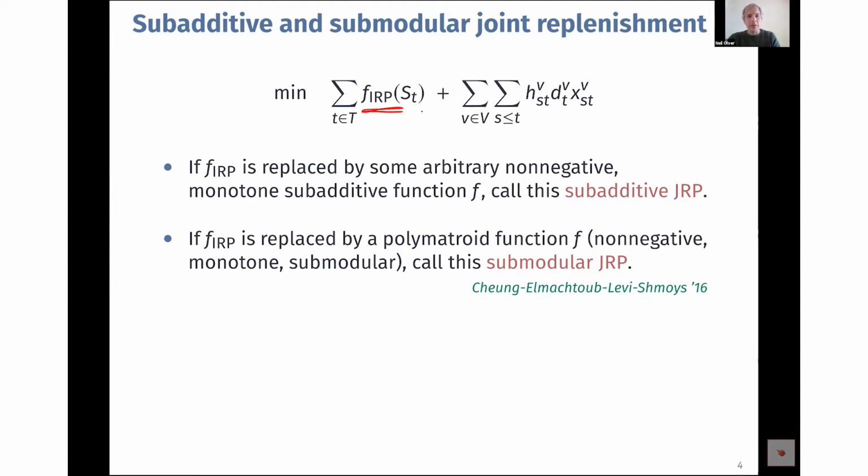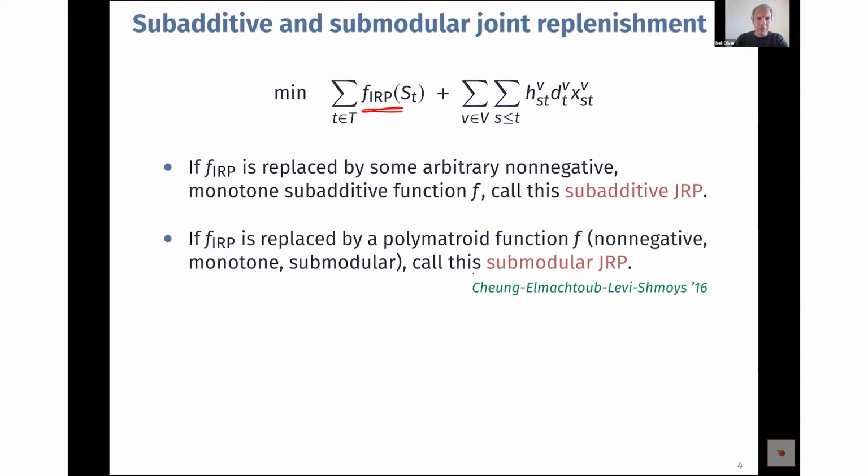The problem is called subadditive JRP, the joint replenishment problem, if f is just some arbitrary subadditive function, and if it's submodular and monotone, we will call this the submodular joint replenishment problem. And that's also been studied. I'll come to more of the literature in a moment, but this version was studied by Chung et al.